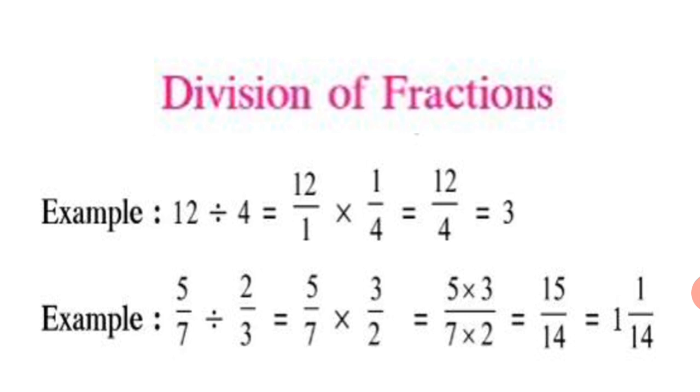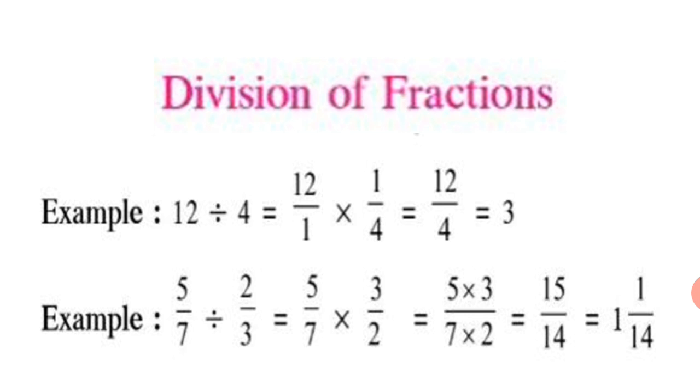5 upon 7 divided by 2 upon 3 is equal to 5 upon 7 as it is. There is already a denominator, so no need to put 1 here. Division becomes multiplication. 2 upon 3 we write its multiplicative inverse, which is 3 upon 2.